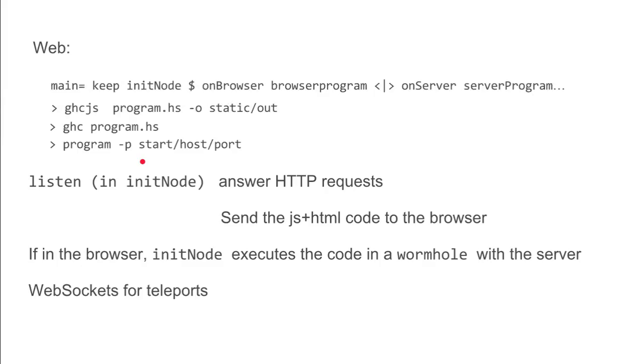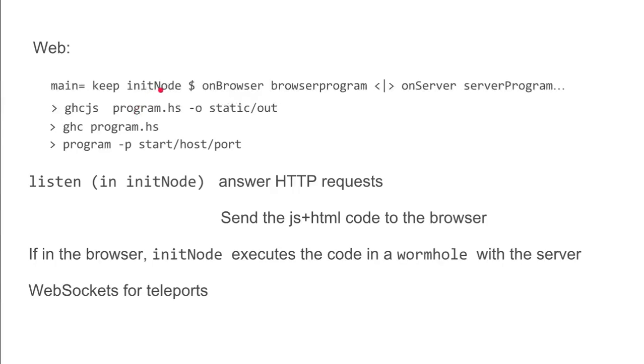How does it work? It works because this runtime, which is running in a node, as you see, also waits for HTTP requests. And when an HTTP request arrives, it sends all the code generated by GHCJS. And what the browser does is execute exactly the same code.